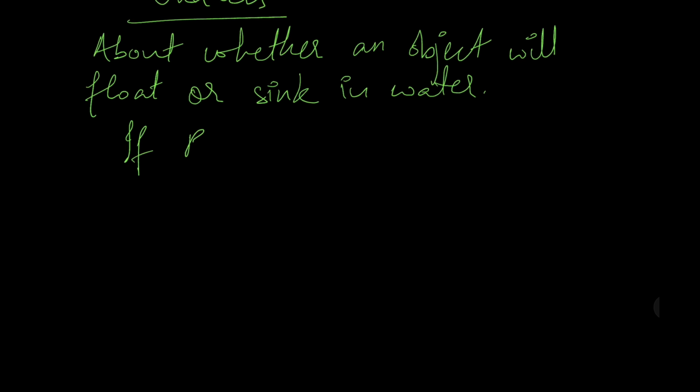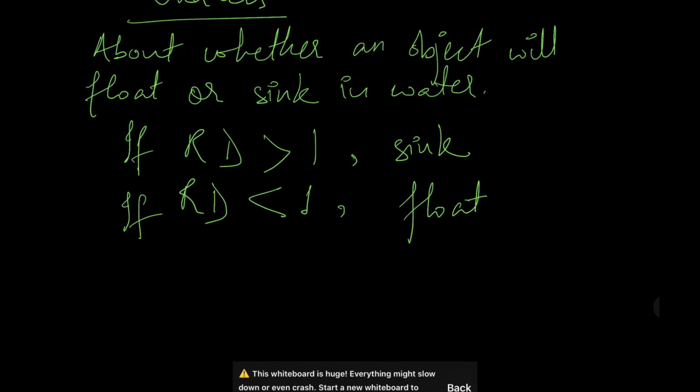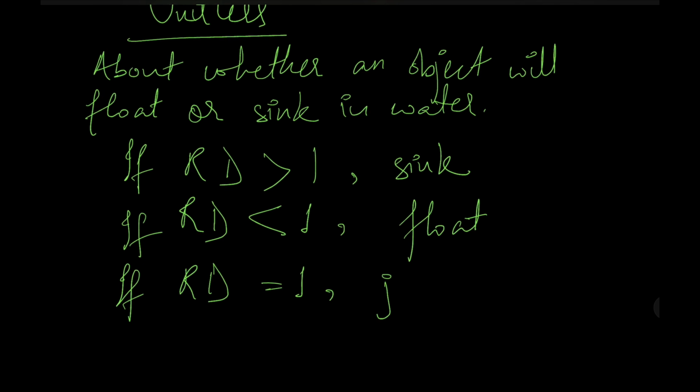If relative density is greater than 1, the object will sink in water. If relative density is less than 1, it will float on water, and if relative density is equal to 1, it will just float on water.